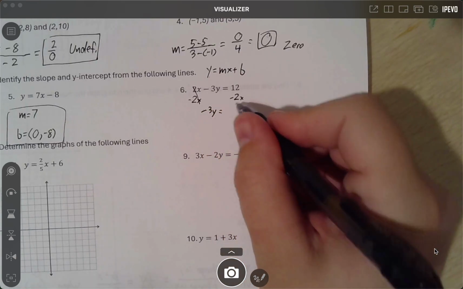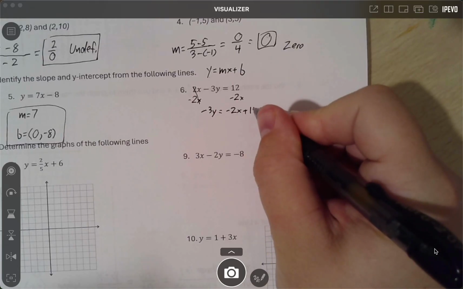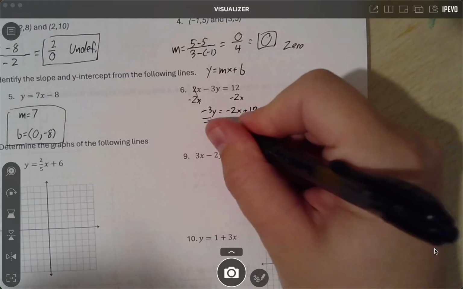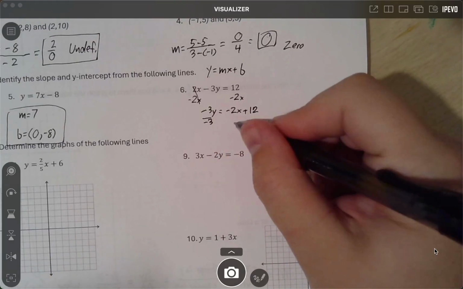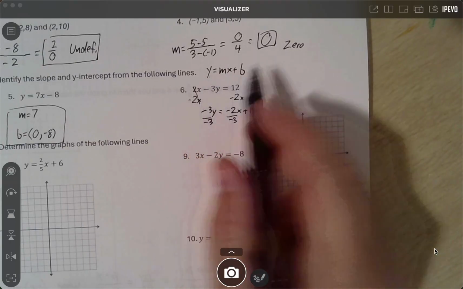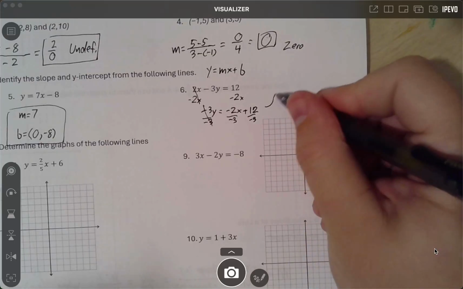Now 12 and negative 2x are not like terms, so we can just write them next to each other. And last but not least, I need to divide by negative 3. Now, when you divide by negative 3, you could either write one big line under negative 3. I think what would be better, because we're trying to have m and b completely separate, is to put all things over negative 3 and see where we go.